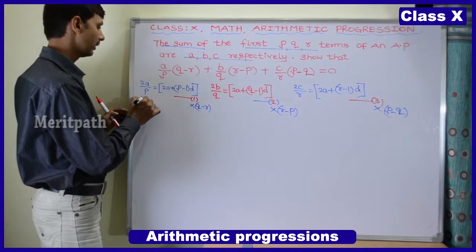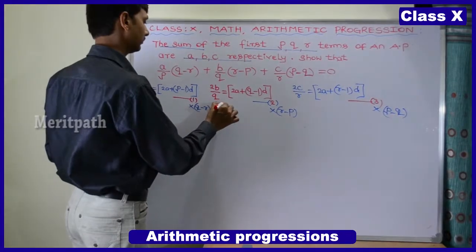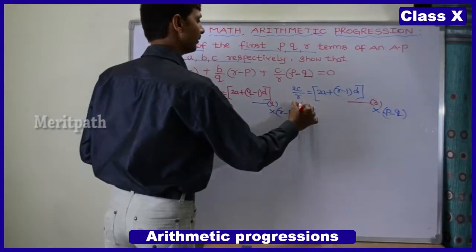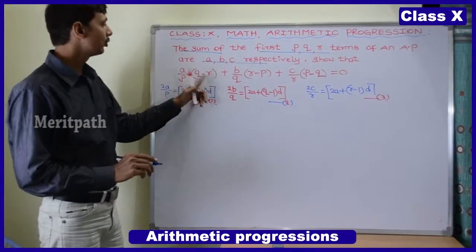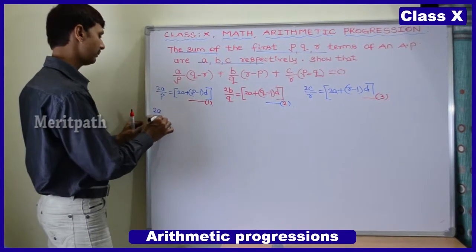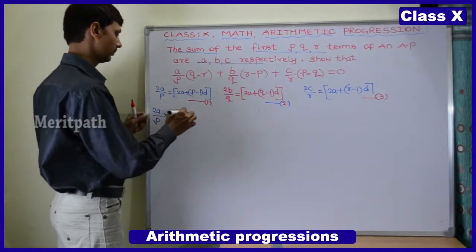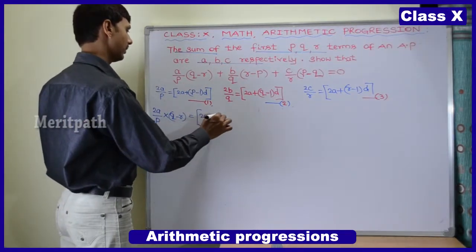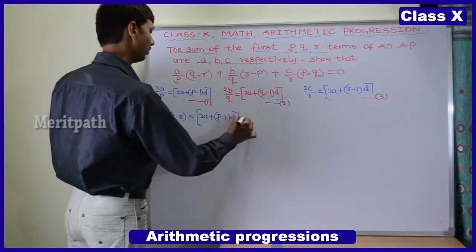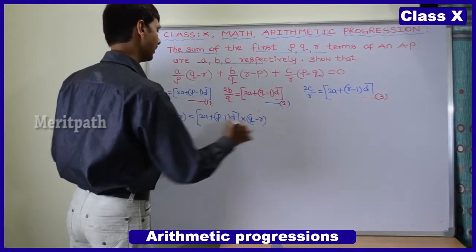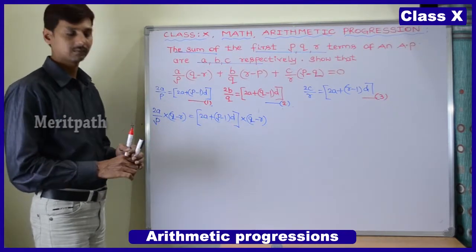So let us multiply the first equation by q minus r: 2a by p into q minus r is equal to 2a plus p minus 1 into d into q minus r. This is the first equation. We multiply with q minus r on both sides of the equation.